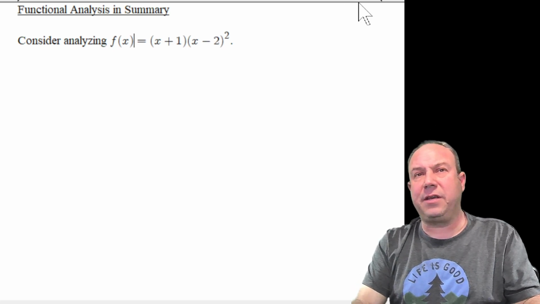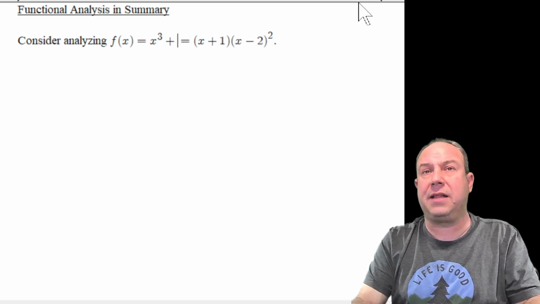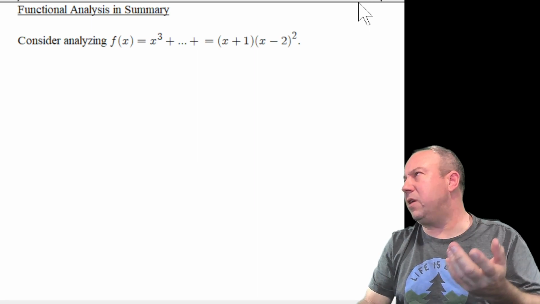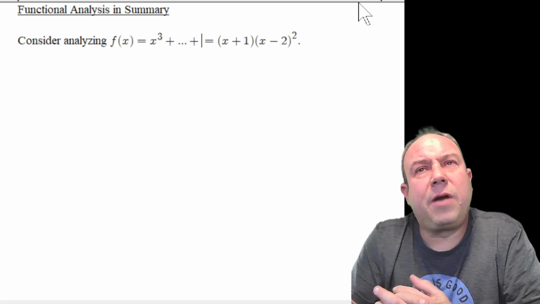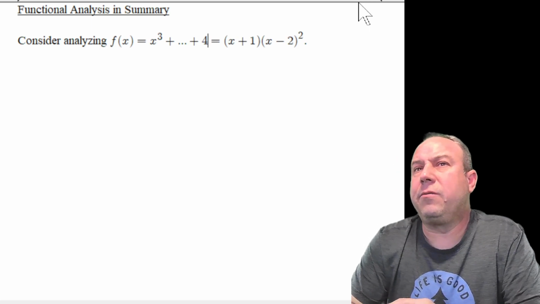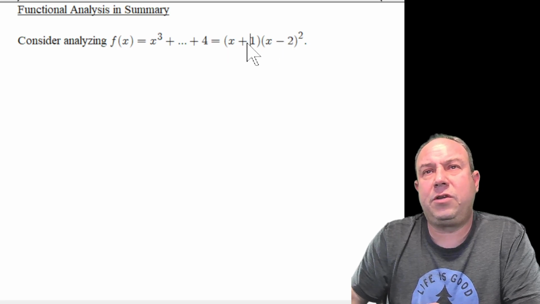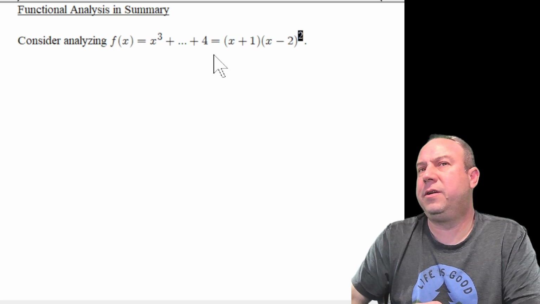A couple of other things we could note again: this was a third degree polynomial with some middle terms that really don't give us much useful information, but the end term would be 4 here. If we took the constant 1 times the constant -2 squared, that would give us a constant of 4.